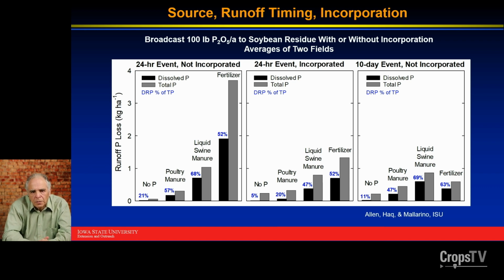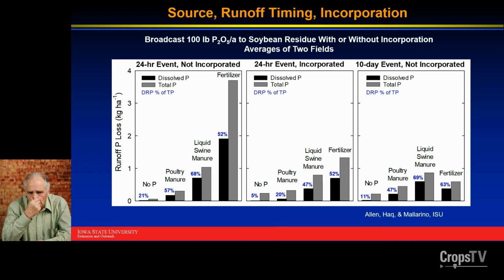Remember that the solid manure here was broadcast, not injected. So definitely, when we are going to get an event shortly after the application, incorporation helps, but mainly with fertilizer. On the right, we waited 10 days to create the event.